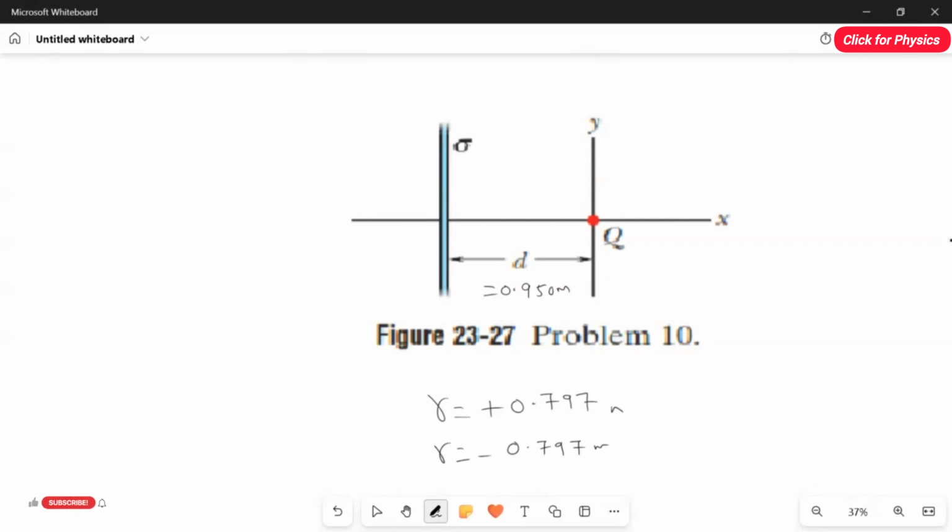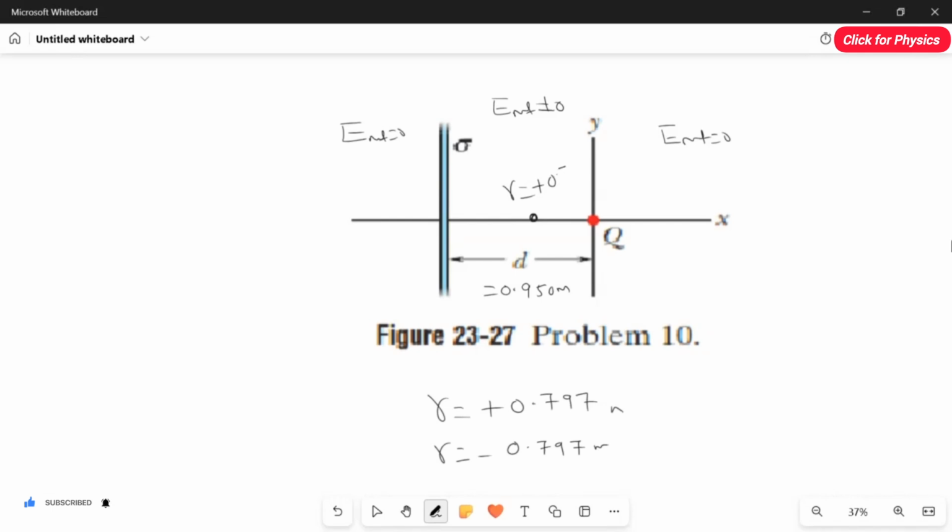Before that, we have to write on the left-hand side that your net electric field is 0, and also here the net electric field equals 0, but in between your net electric field is not equal to 0. So let's fix this point. Now you can see 0.797. When you fix it, it is in the place of net electric field equal to 0.